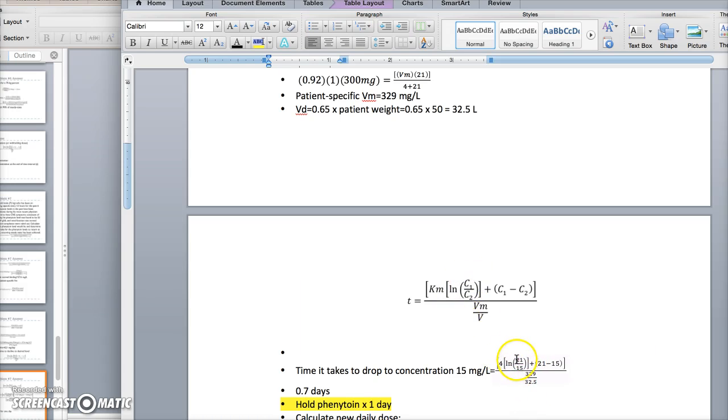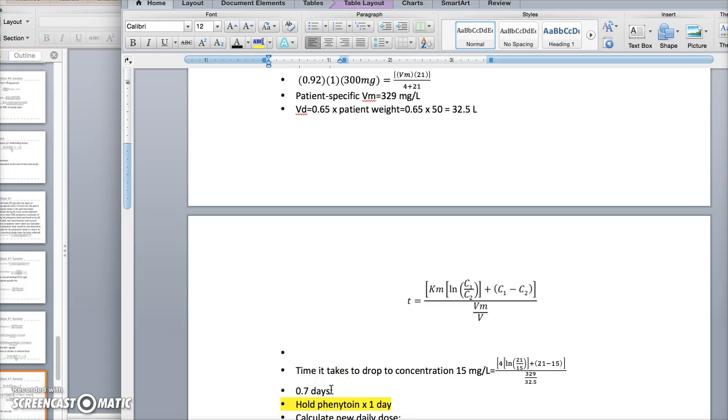I took the natural logarithm of 21 over 15, multiplied that by 4, which is your Km, and added the difference between C1 and C2, which was 6. That was my numerator. My denominator was Vm, which I calculated above, divided by the volume of distribution. When I did that, I got 0.7 days.